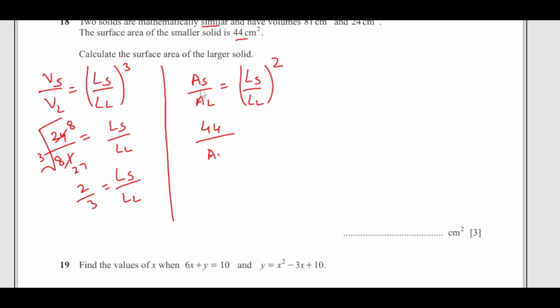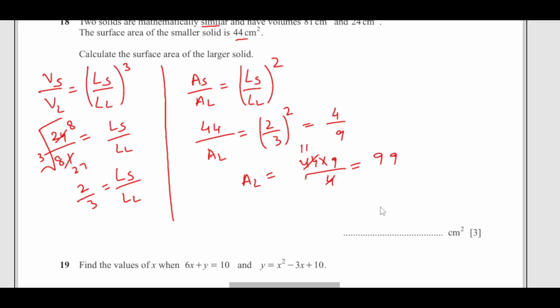So LS over LL is 2 over 3 squared, which is 4 over 9. So AL, the area of the larger, is 44 times 9 over 4. This is 11 times 9, which is 99. So the final answer is 99, right?